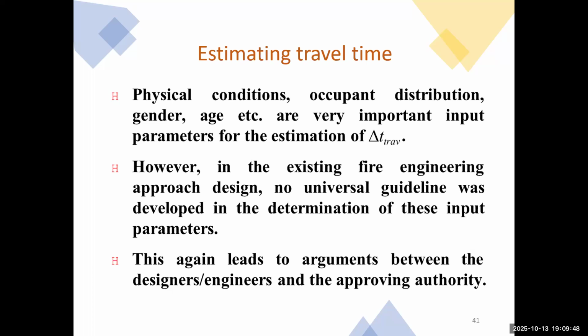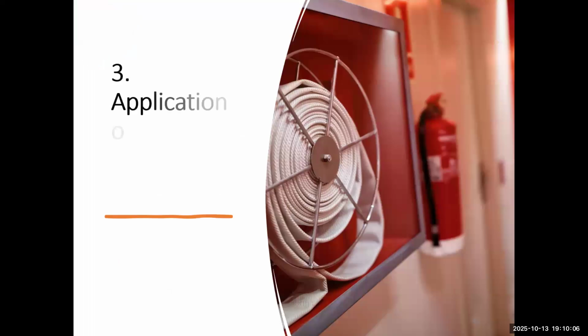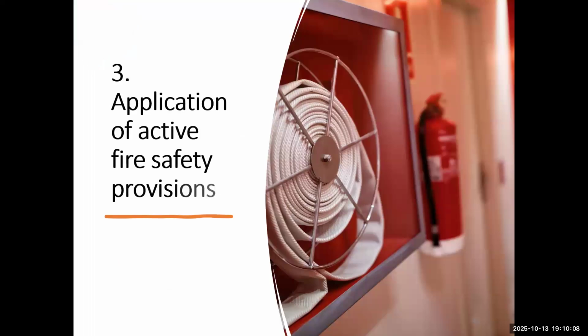You should take this part as a very critical part for your design. And we may have some questions on this part in our final exam. Okay, so let's take a rest for 10 minutes, and after that, we will move on to some other part for the application of the fire safety provisions.